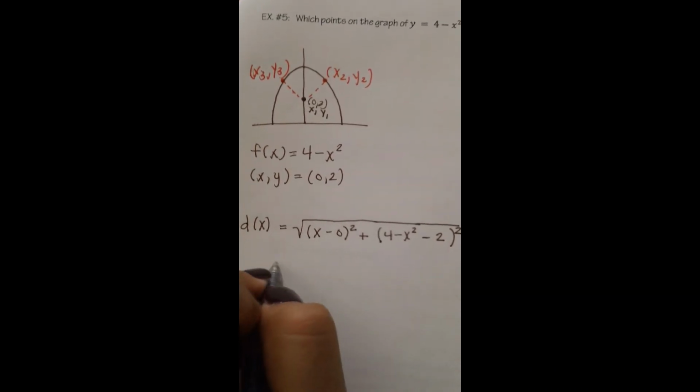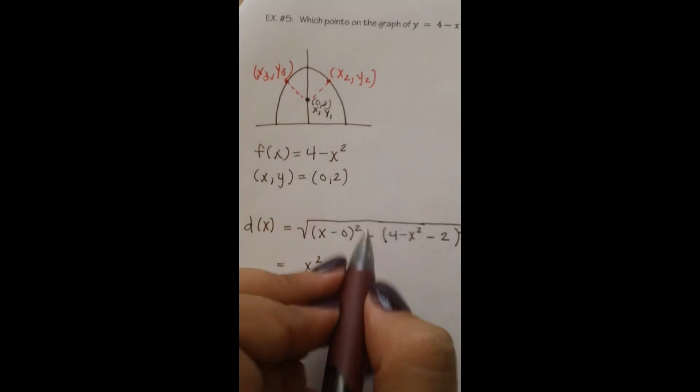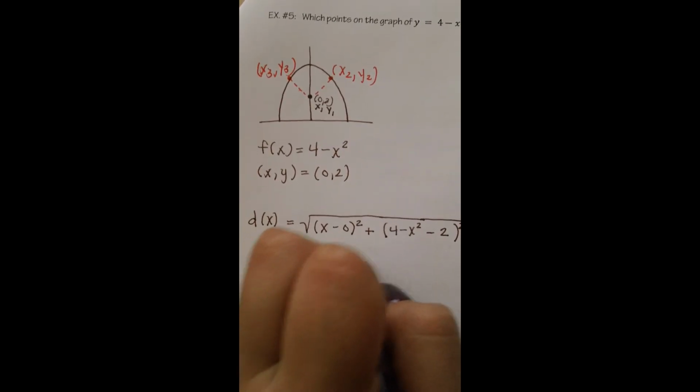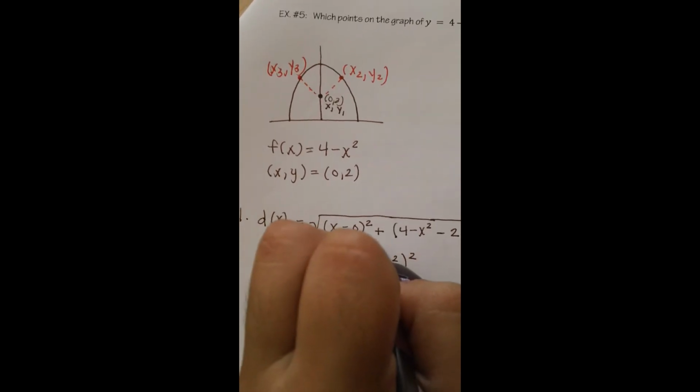From here we can simplify it to be x squared plus 2 minus x squared squared, all of it still inside the square root.